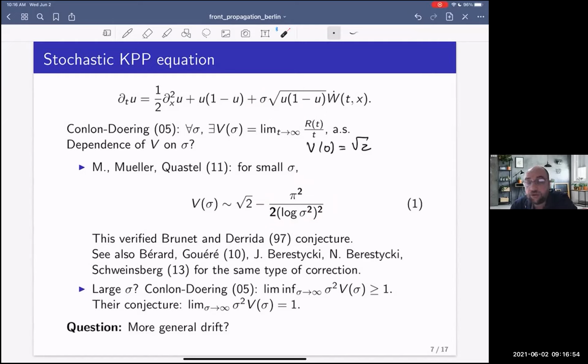It's a constant over log of sigma squared, which is much bigger than any power of sigma. So this noise indeed has a dramatic effect on speed.